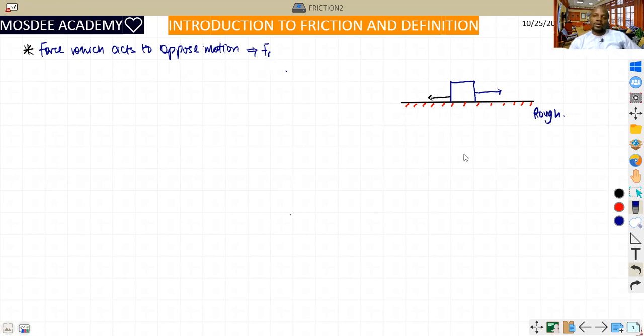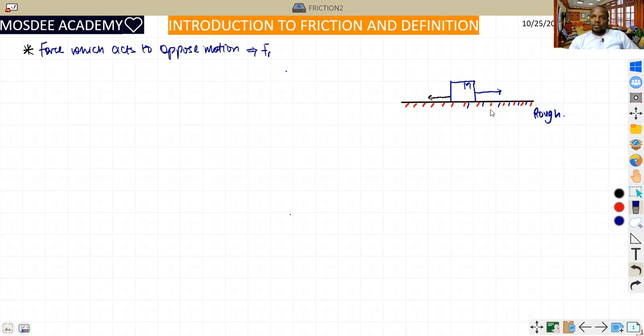A very quick example to explain that is the case of a rough surface. One of the first conditions for friction to hold is a rough surface. Now, when the body of mass m is placed on a rough surface, we know that forces always act in pair, according to Sir Isaac Newton's third law of motion.